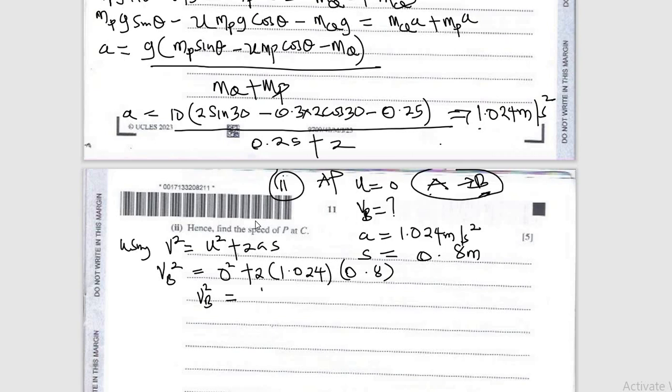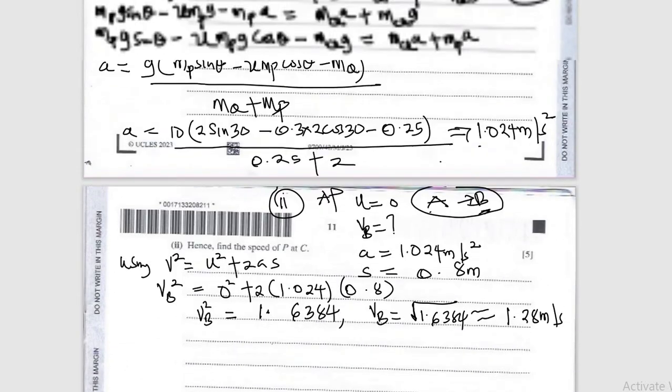You're going to have 1.6384. So VB will be the square root of 1.6384. So the velocity at B is 1.28 meter per second.